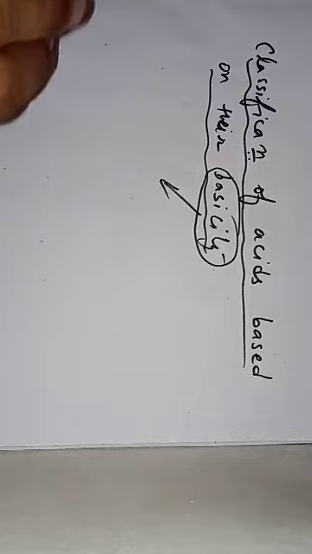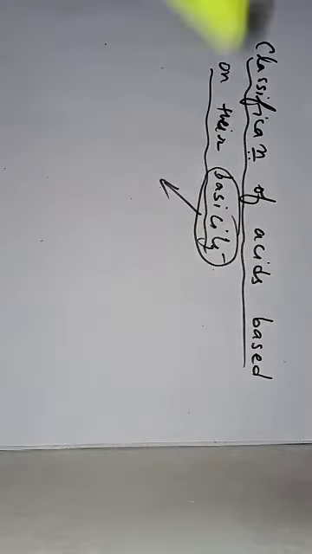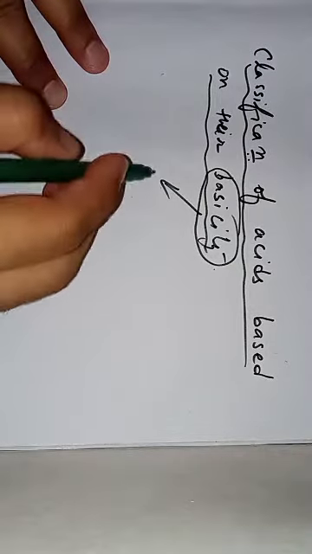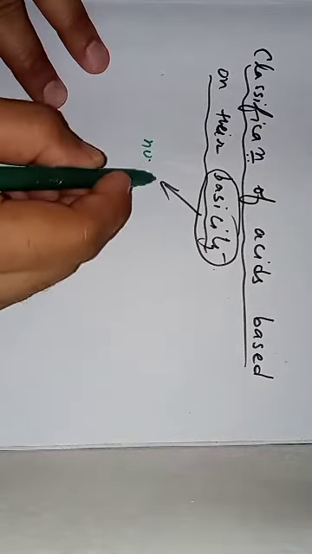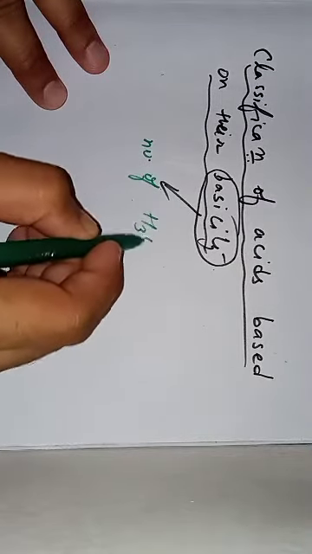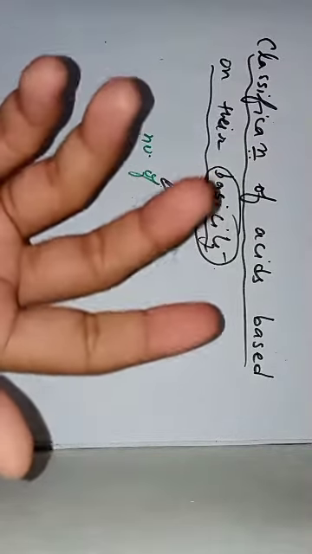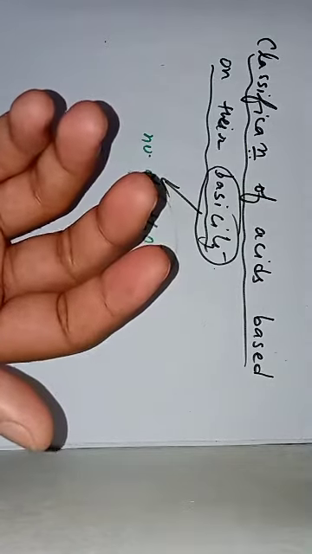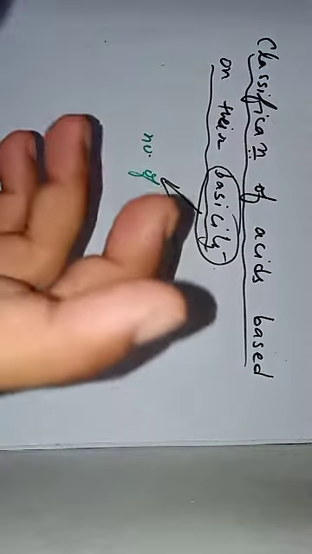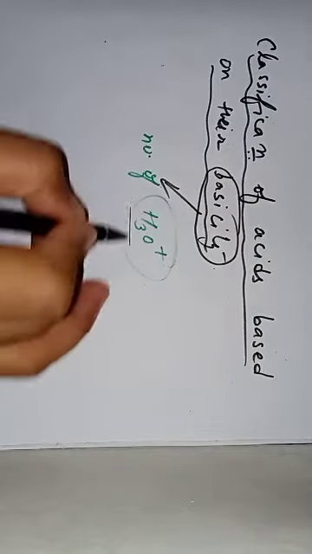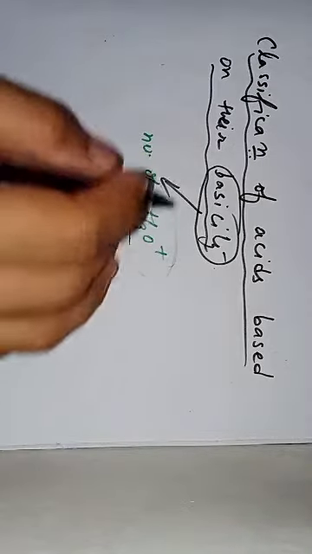Basicity is the number of hydronium ions, or in simple words, the protons. Because I said to you that for making the concepts easier, throughout the text you will find protons used in place of hydronium.